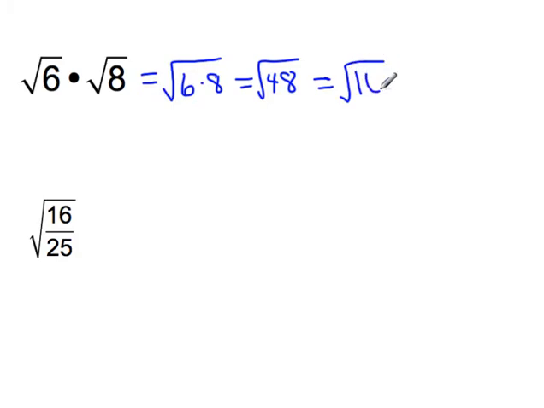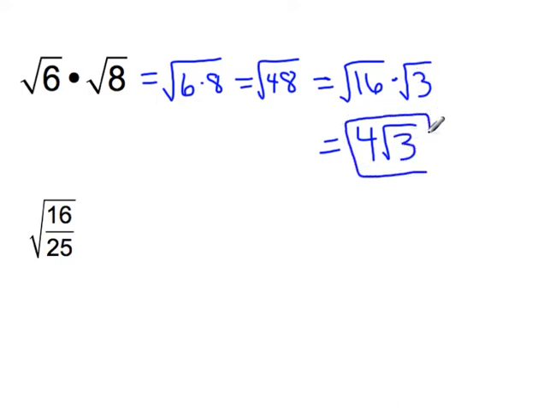So I'm going to rewrite the square root of 48 as the square root of 16 times the square root of 3. 16 times 3 is 48. So now if I'm going to simplify that, the square root of 16 is 4, and the square root of 3 is left over. You just bring that down. So that would be the simplified form of that radical.